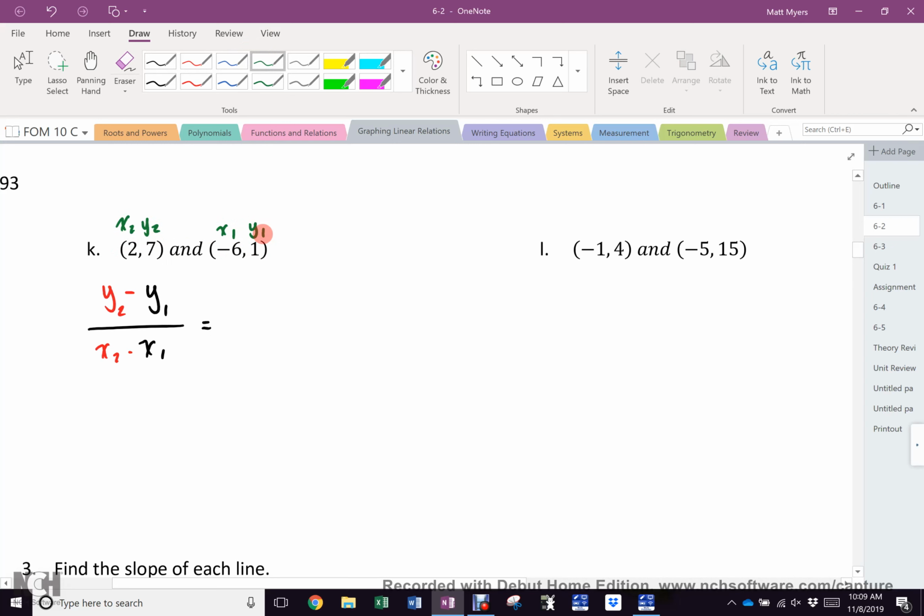And when you're done, don't yell it out. Just write what you think the slope is. If you finish K, go on and try L.